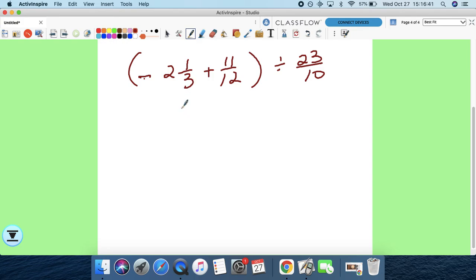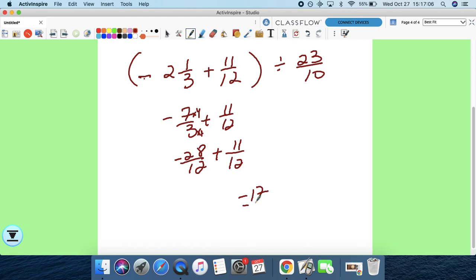So here I'm going to get negative 7 over 3 plus 11 over 12. I know it's negative. Common denominator is 12, times 4. So times 4 on top, so that's going to give me negative 28. So this whole thing becomes positive. Negative 28 has a bigger absolute value, so I actually get negative 17 over 12.